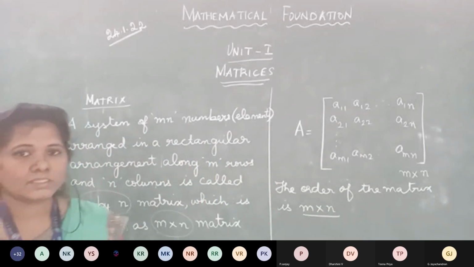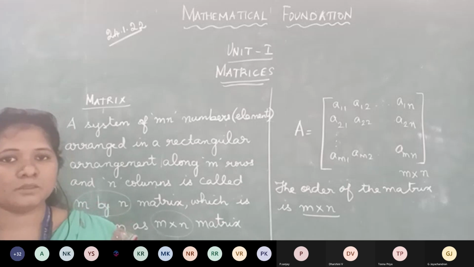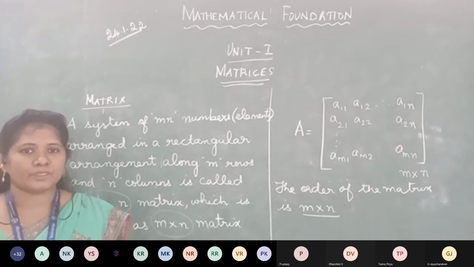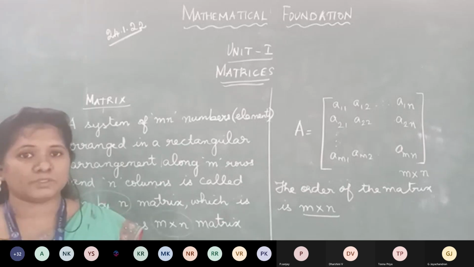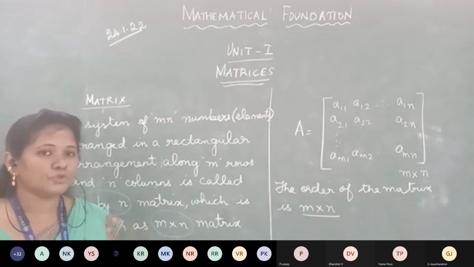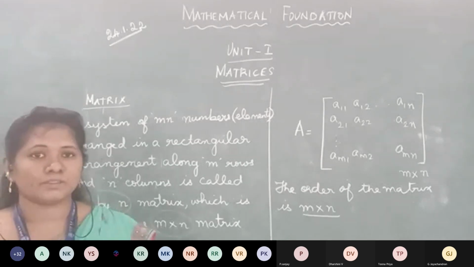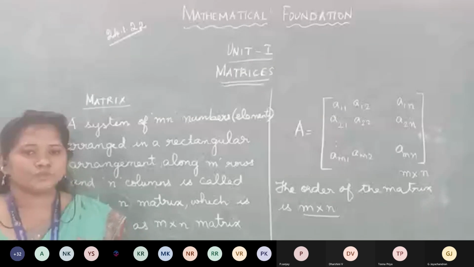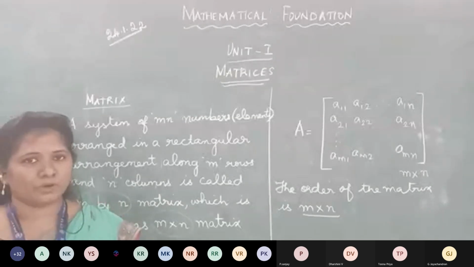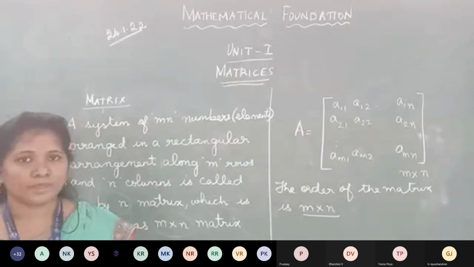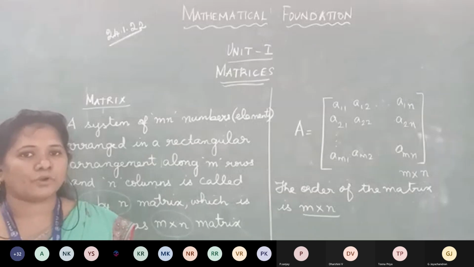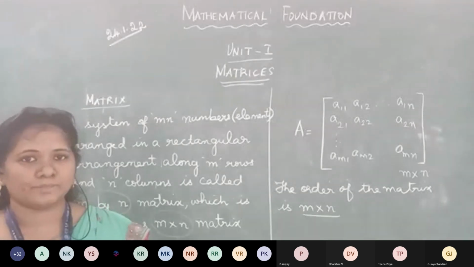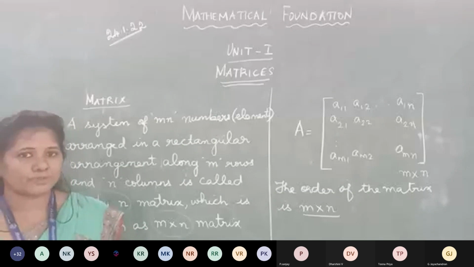So this will be the basic definition of your matrix and your order. If it is an MCQ pattern, they will give you one matrix and ask you to write the order of the matrix. So you'll have to know how to find out the order. How many ever rows there are, you write that first, cross how many ever columns there are. You know which is your row and which is your column, isn't it?